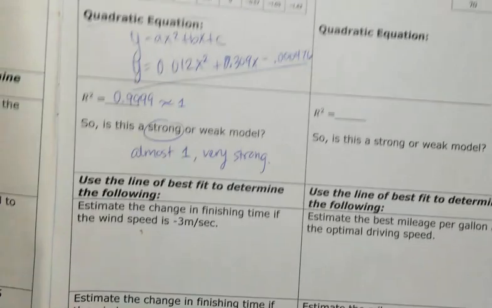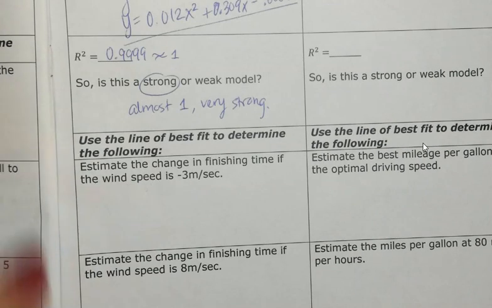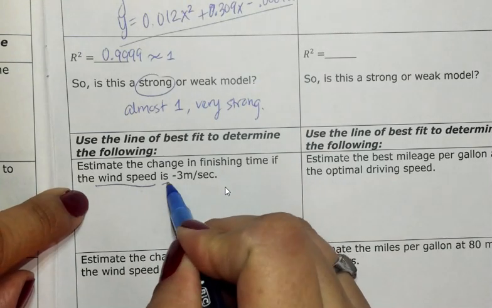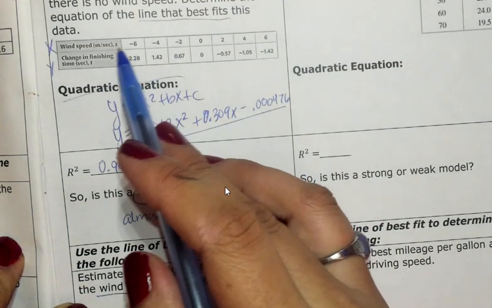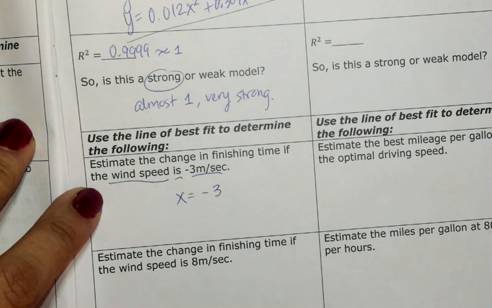Okay, and then we have now the prediction part, which is to use the line of best fit to determine the following. Estimate the change in finishing time if the wind speed is negative 3 meters. So wind speed, according to the table, is the x. So they're telling you x is negative 3.